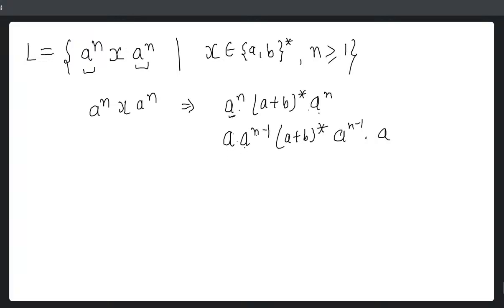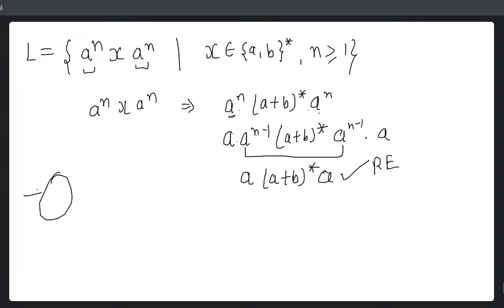So if this complete number of a's can be generated by this loop, we can merge the number of a's with this loop. If we merge this, it will be equivalent to this part. Got it? And this is a regular expression. We can design the finite automata for that.